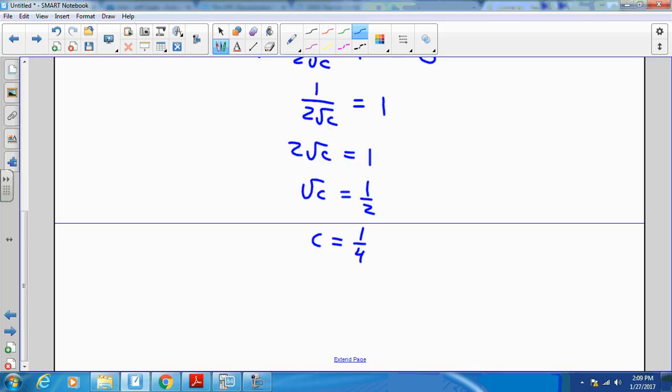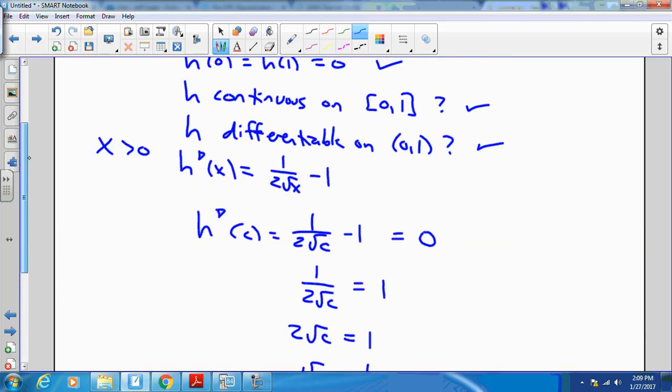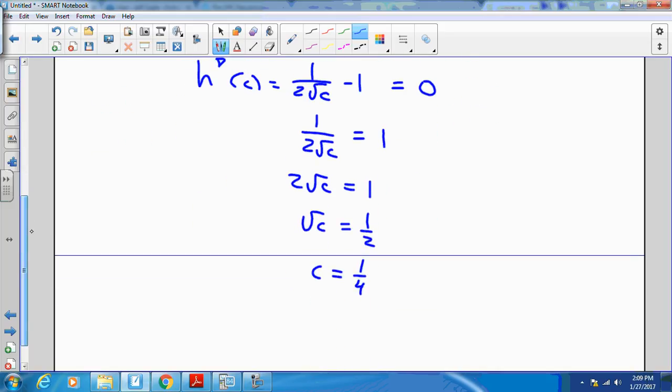And square both sides. We graph this function between 0 and 1. You can see that it has a horizontal tangent right there.